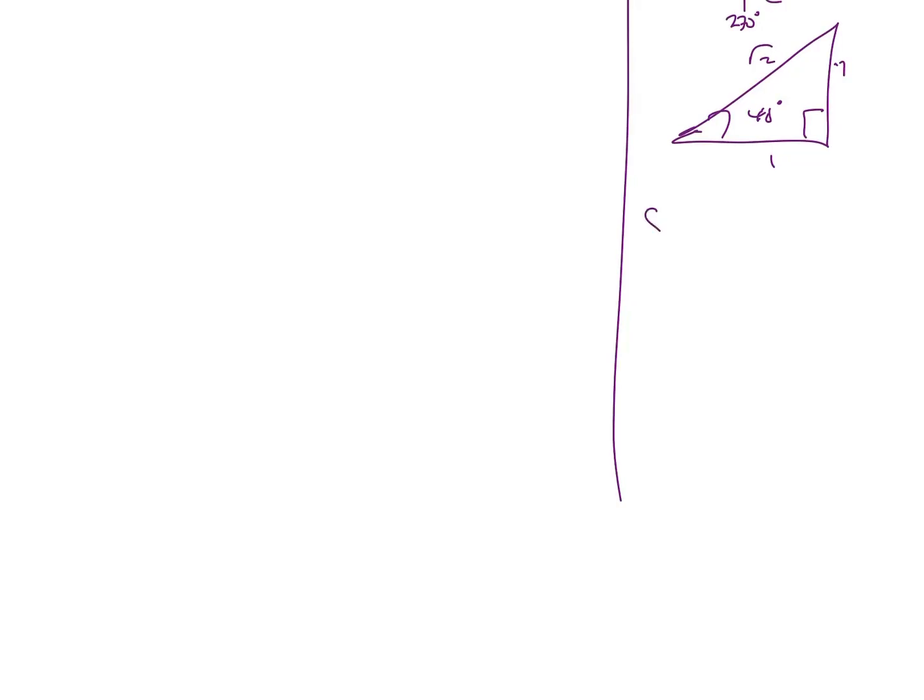You also need to remember this one here. If you have a right-angled triangle with 45 degrees, the sides are going to be 1 and 1, and the hypotenuse is square root of 2. Also remember this: sine of A plus B is equal to sine A cos B plus cos A sine B. That's another thing you need to remember.